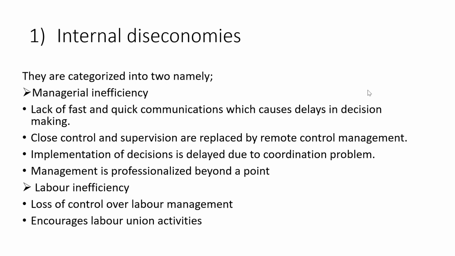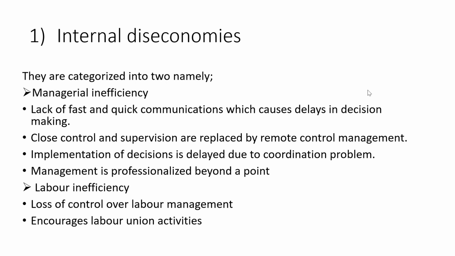Managerial inefficiency. So here diseconomies of scale first appear at the management level. With the expansion of the scale of production, personal contacts and communication between the owners and the managers, between the managers and the labor, between the managers of the different departments also reduce. So the lack of fast communication delays the decision making, thereby affecting production.